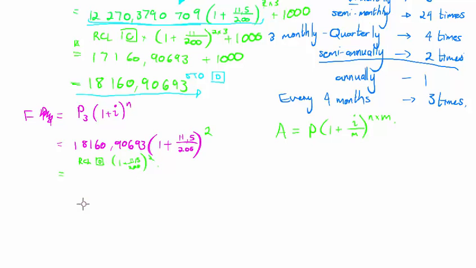What do we get? This answer I'm allowed to write rounded because this is my final answer. 20,309.4573. So 4, 5, 6.